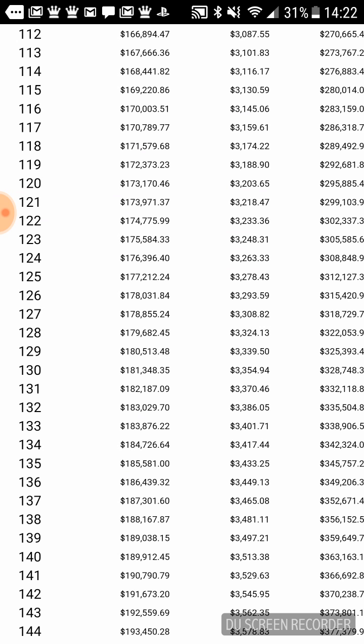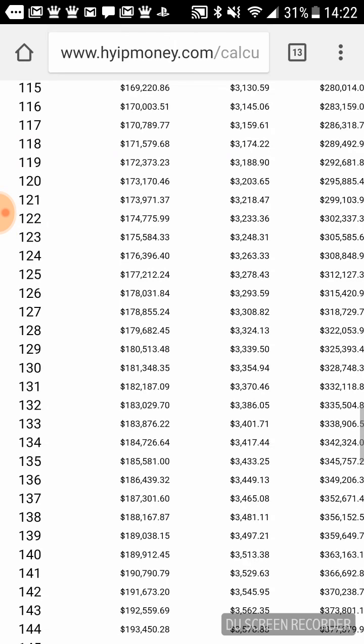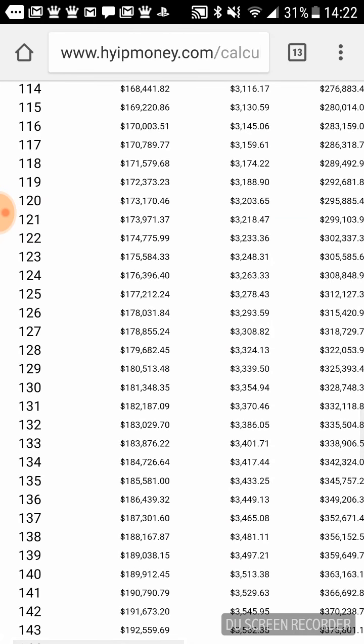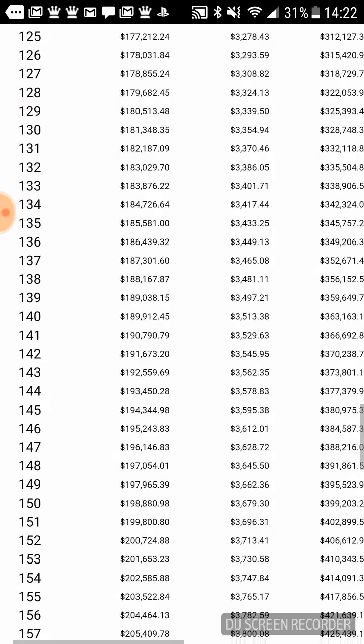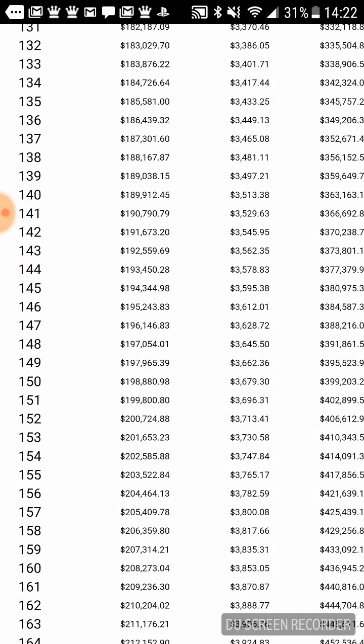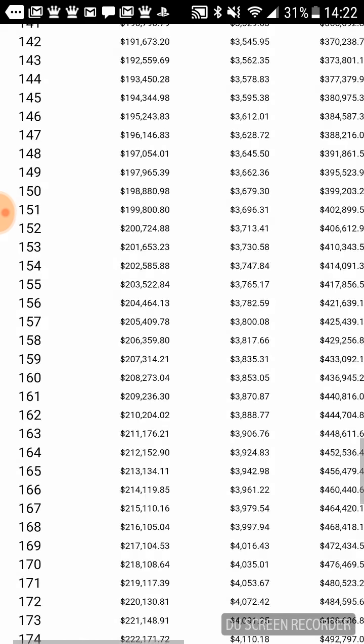So you started with only 1,800, and now at month 4 you're generating $3,200 a day. So that is almost double. Let's see month 5. Let's see if that has doubled in month 5. And it has. Almost exactly doubled by month 5 how much you're pulling out.